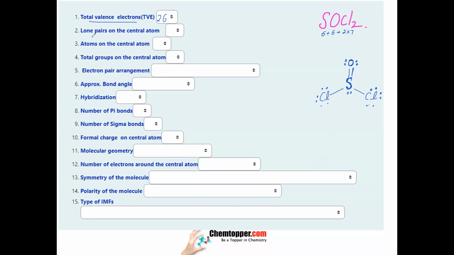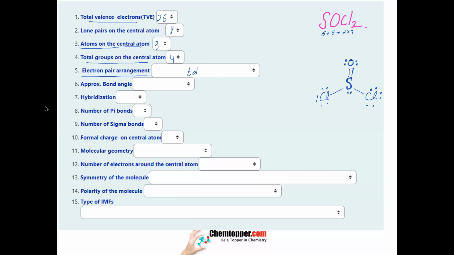So now there is one lone pair. Atoms on the central atom? 3. Total groups on the central atom? 4. What should be the EPA? For the 4, what is the EPA? Tetrahedral. But I didn't make it tetrahedral. So let's make it properly.